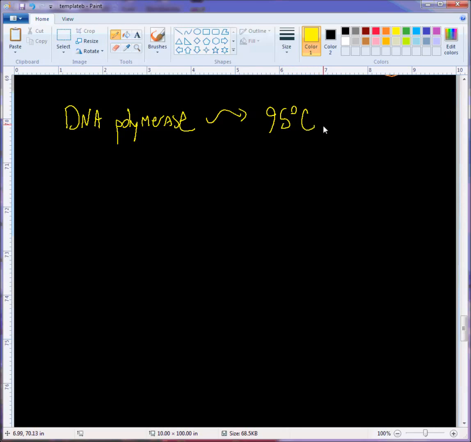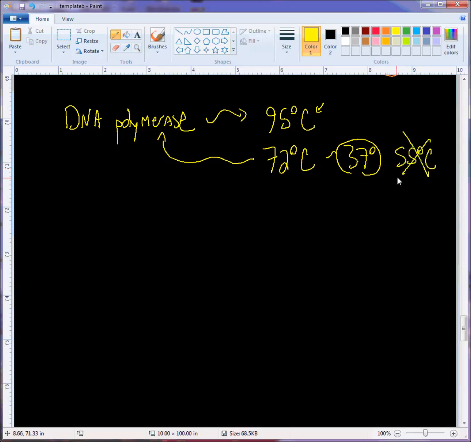What do you think would happen if most of our proteins were exposed to boiling temperatures like this? They would probably not function. Even 72 degrees Celsius, this is the optimum temperature for this polymerase we're using. This is really hot. Our bodies are about 37 degrees Celsius. For a long time, scientists didn't think life could survive above 55 degrees Celsius. So no life above 55 degrees Celsius.